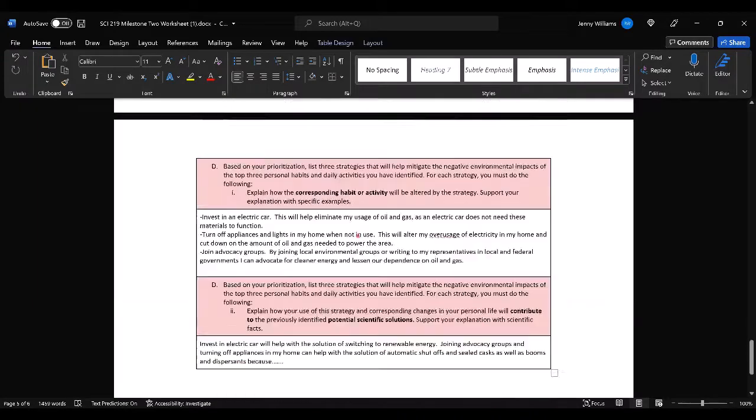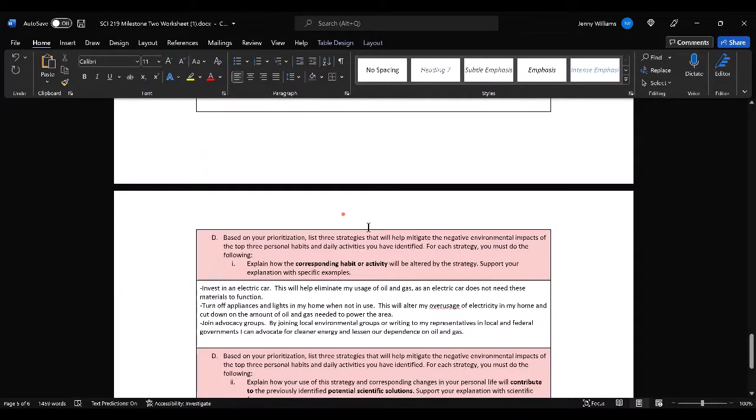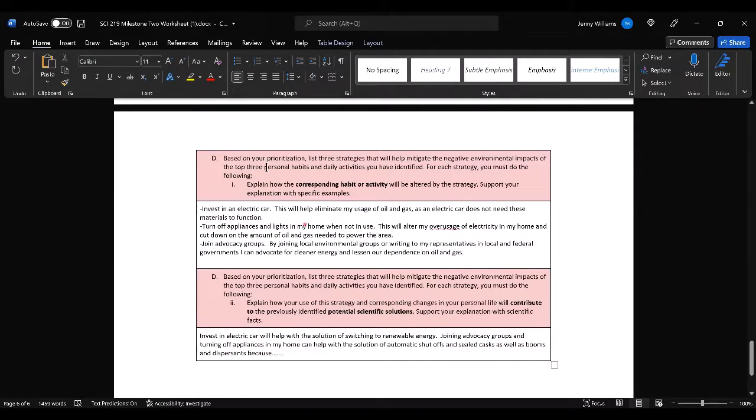All right, and then this last section, students struggle with this a little bit. So it says, based on your prioritization, list 3 strategies that will help mitigate the negative environmental impacts. So you actually did this in your week 4 activity because you listed 3 strategies that could help mitigate your contributions.